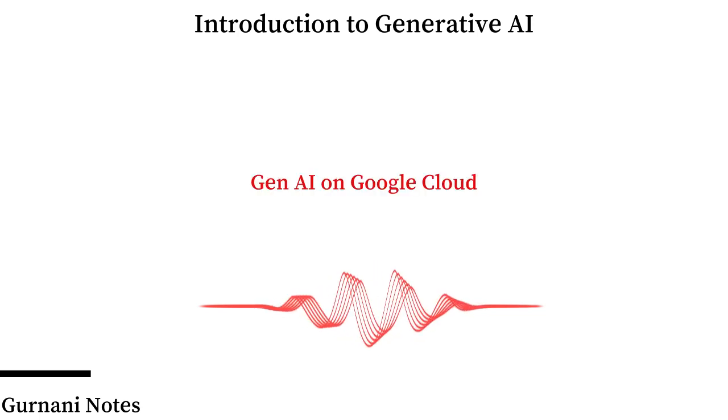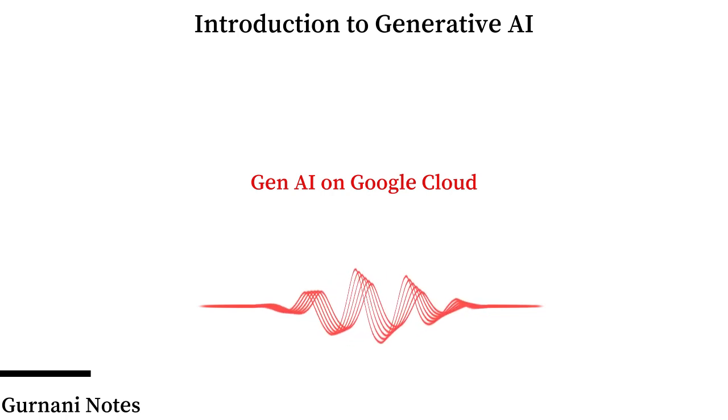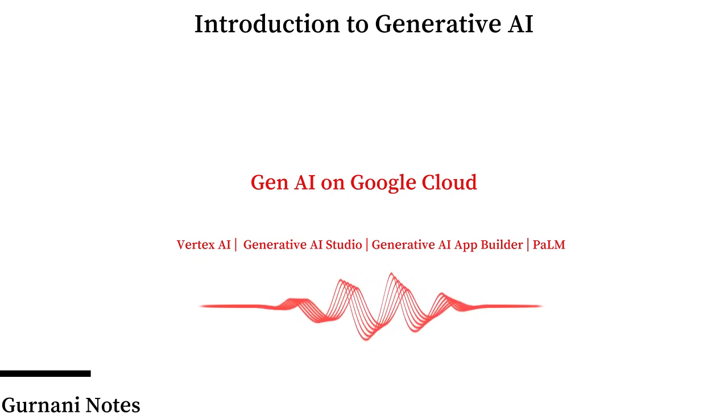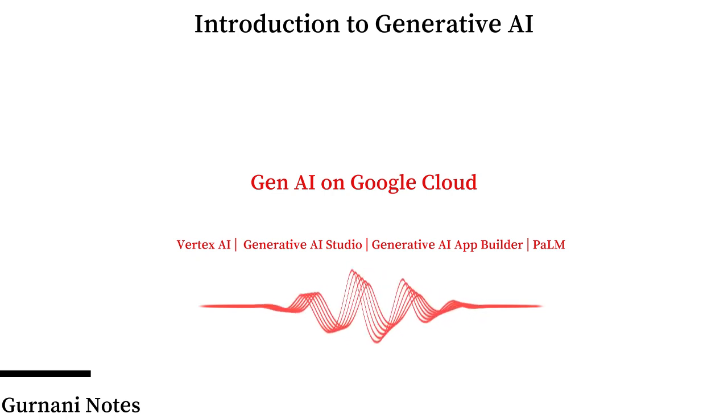Google offers multiple services to help you leverage generative AI, like Vertex AI. They also offer generative AI Studio. And not only this, they also offer generative AI App Builder. We are going to talk a lot about these three in the rest of the videos some other day.